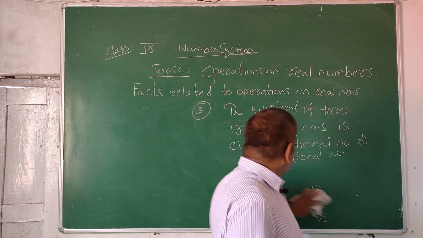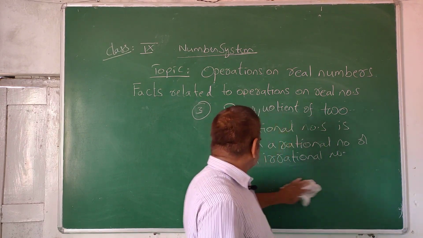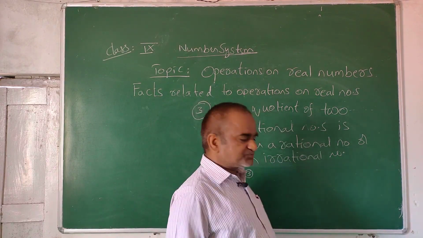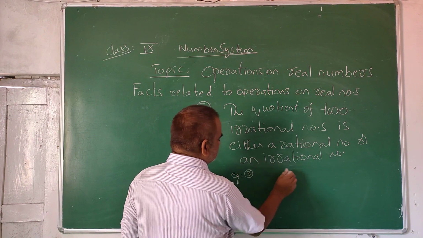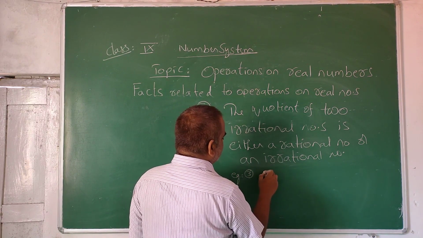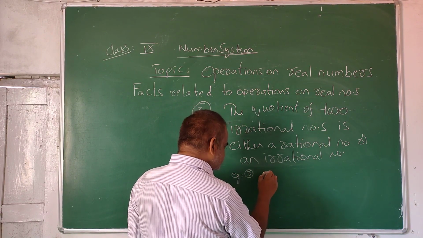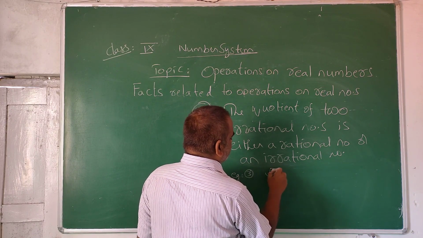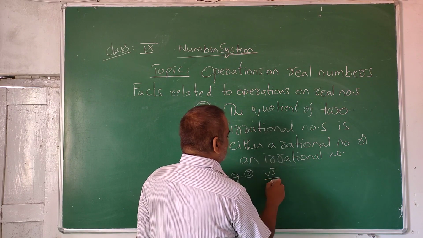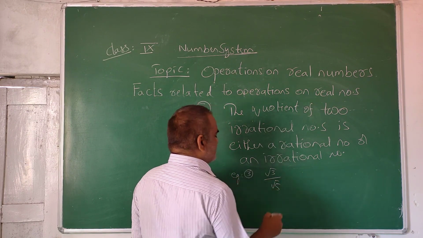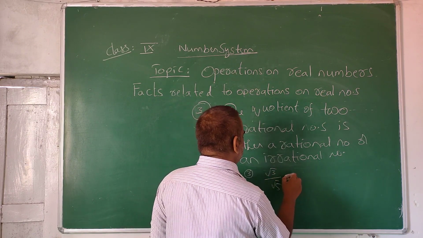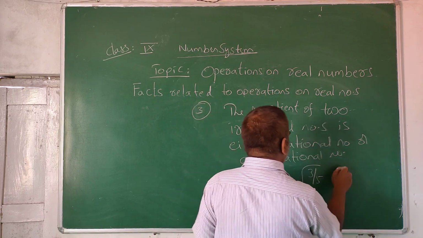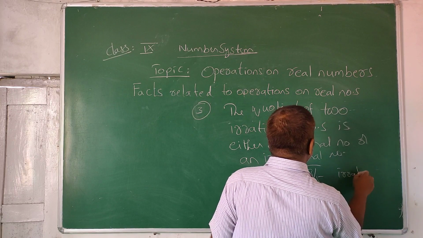Now let us take two more examples. Example 3. Root 3 is an irrational number, root 5 is an irrational number, then root 3 divided by root 5 gives root over 3 by 5, which is an irrational number.